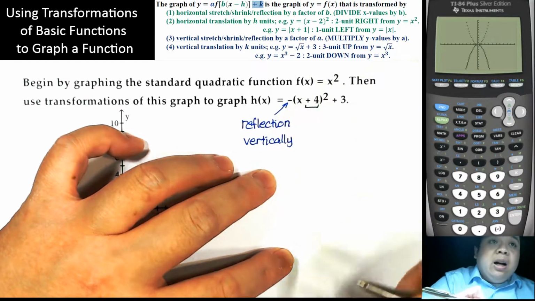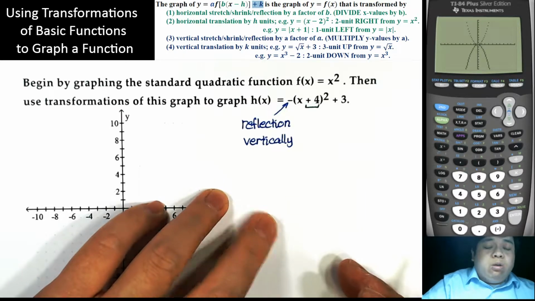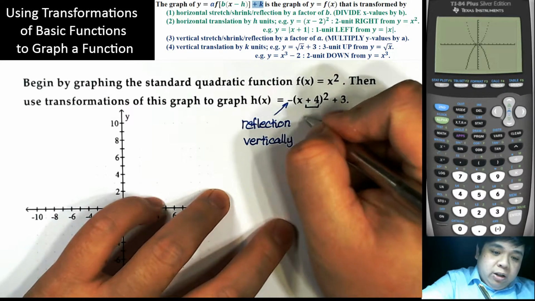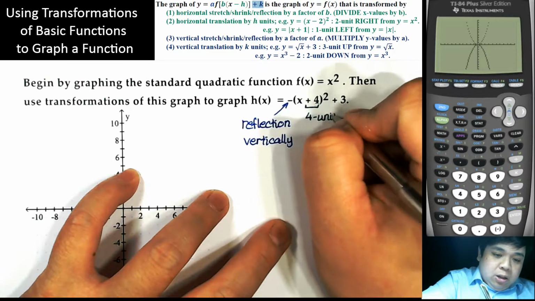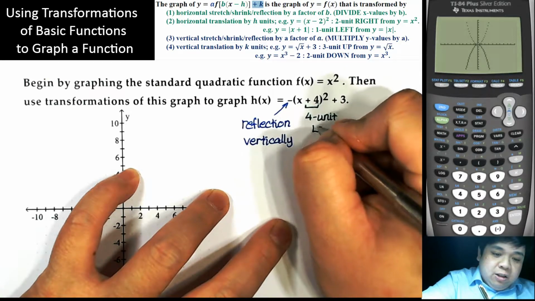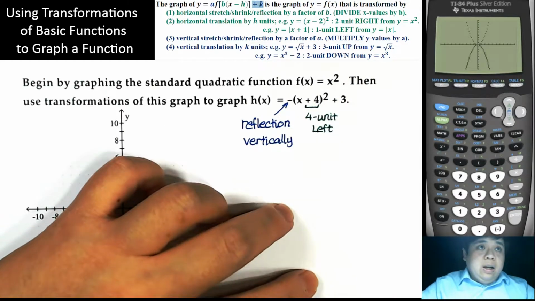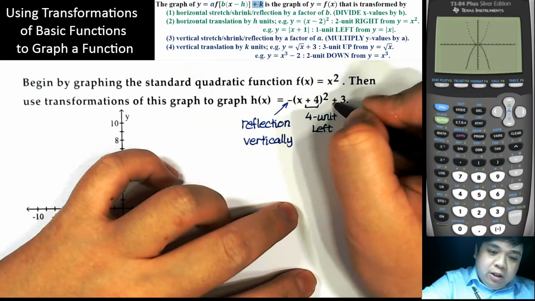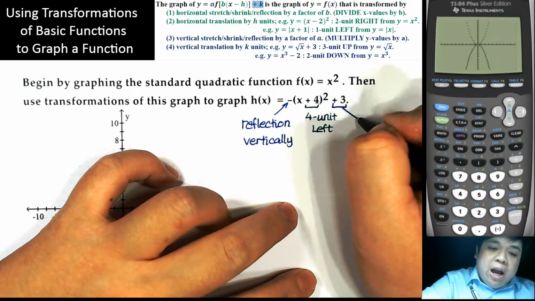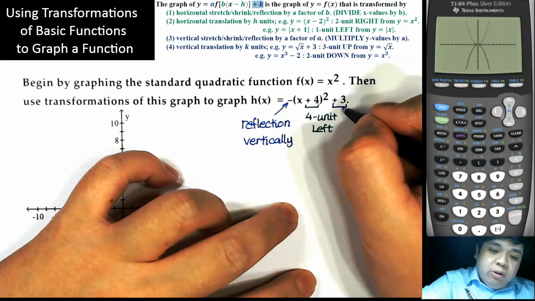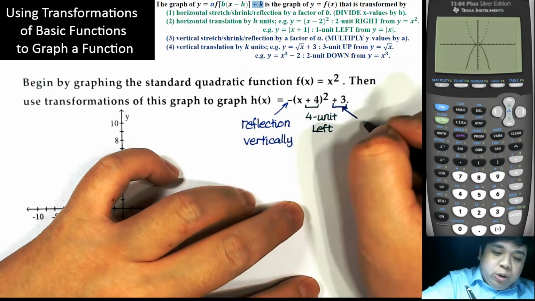It is plus 4, so it will affect the graph left or right. Plus 4 will be 4 units to the left. And then we have plus 3 on the outside of the square. It will affect the graph vertically, and plus 3, so it will go up 3 units.